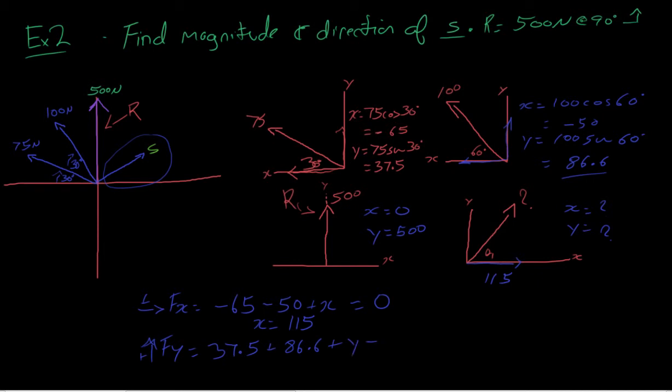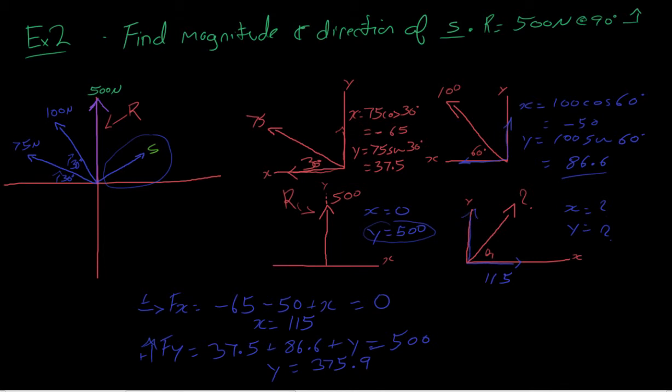Plus y is equal to, well, this one won't be 0. The resultant, the y component of this is 500, right? So we're going to say is equal to 500. Therefore, if we substitute for y, y is equal to 375.9. And that's this force right here.